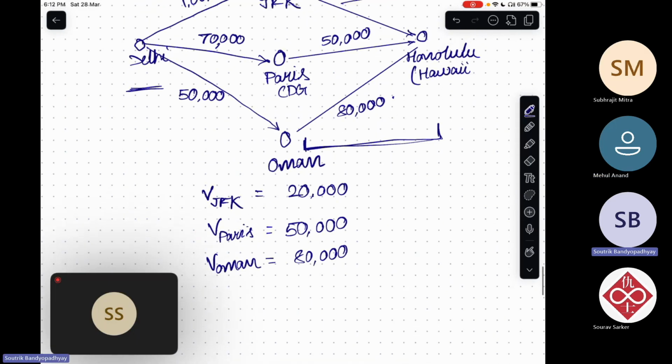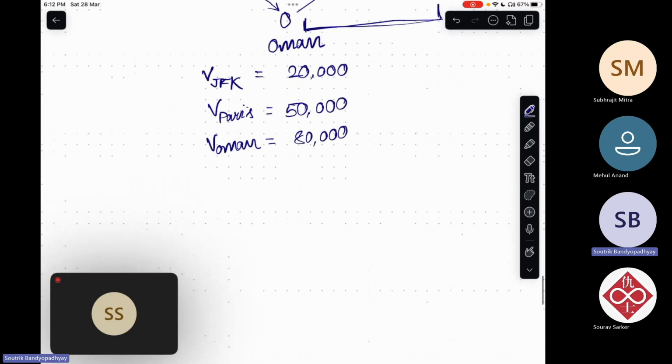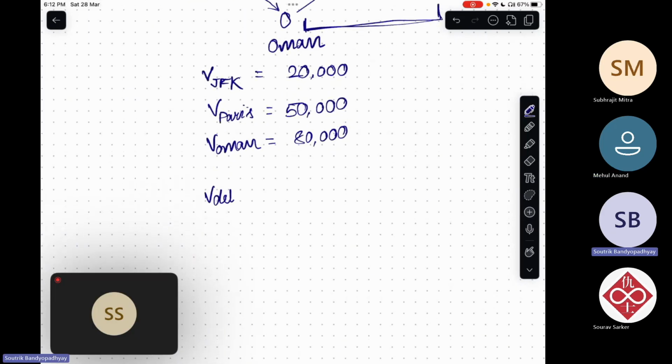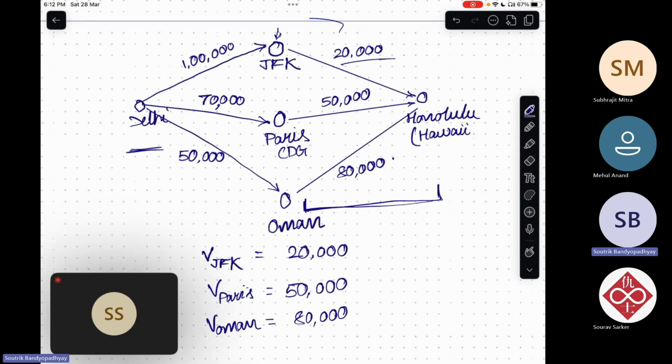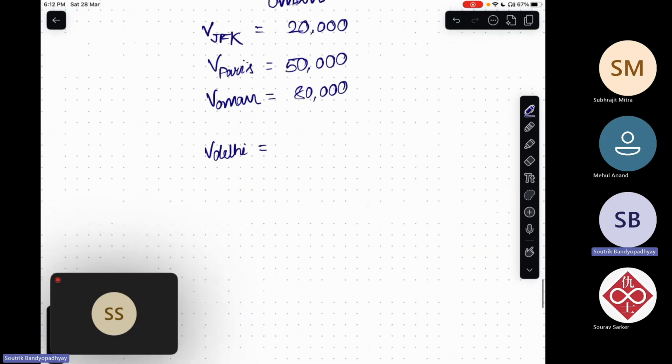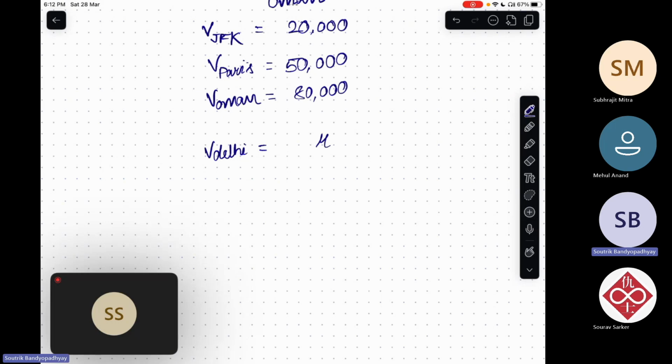Now, the interesting part comes when you are in Delhi. Right, Delhi. Now, the effective cost for this leg of the journey, which is the JFK leg, is nothing but the transportation cost from Delhi to JFK plus the value of JFK.